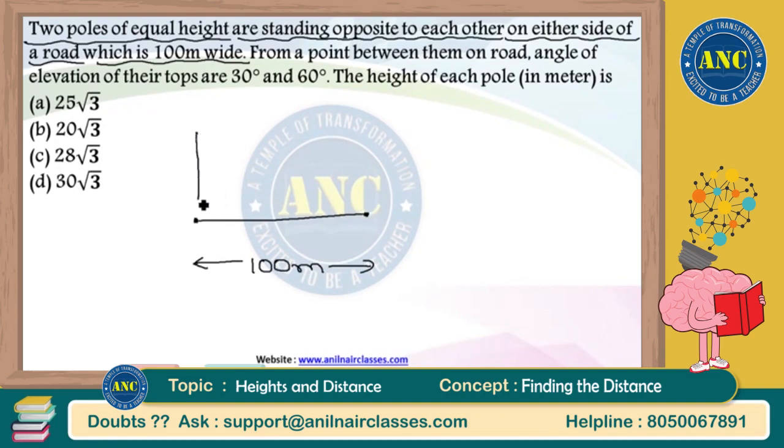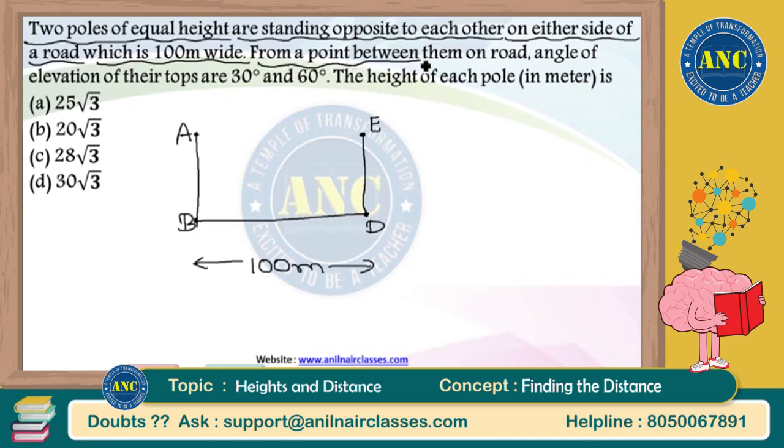The first pole is AB and the second pole is DE. The heights of these two poles are absolutely the same.